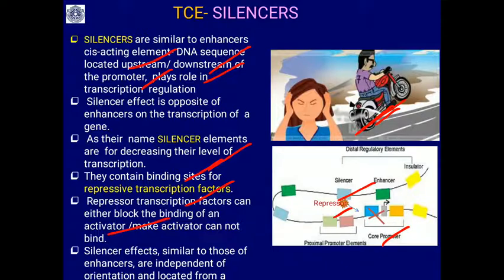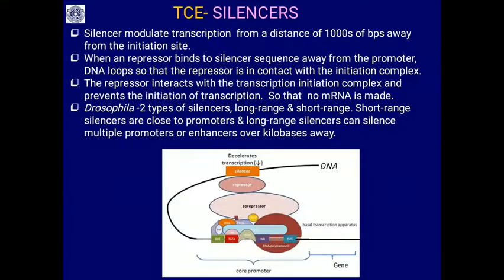The silencer also acts like the enhancer, in an independent orientation and from a distance. Silencers modulate transcription from a distance; one may be present 1000 nucleotides or base pairs away from the transcription initiation site.